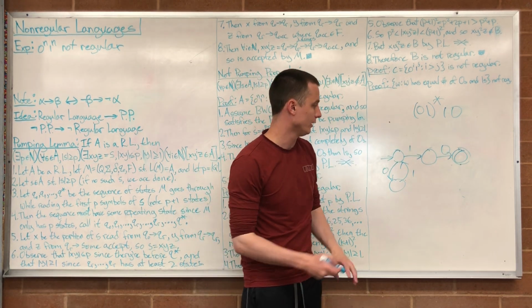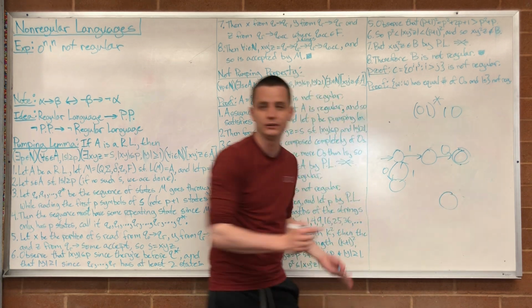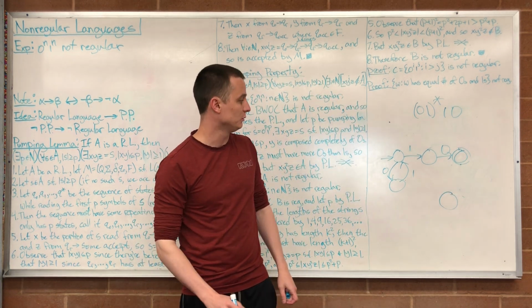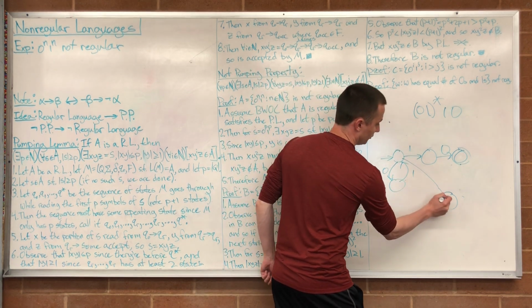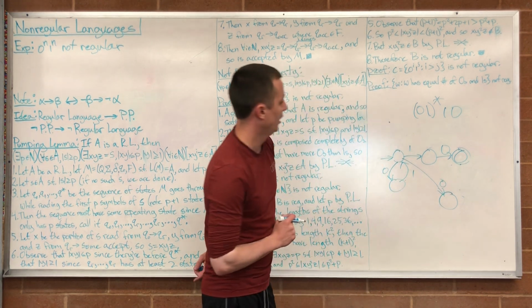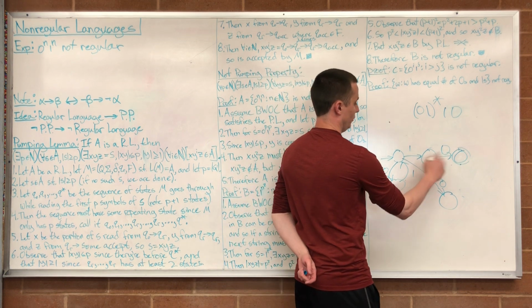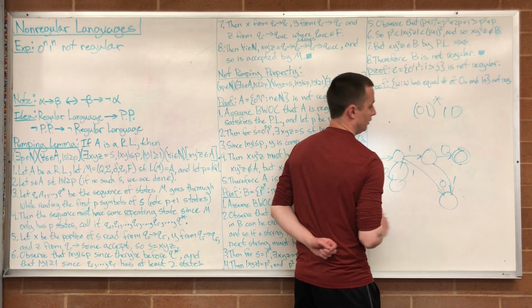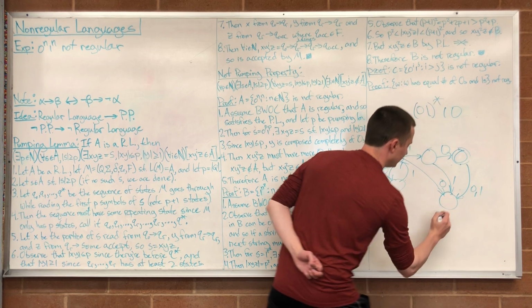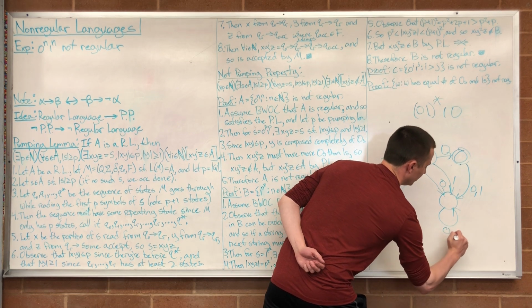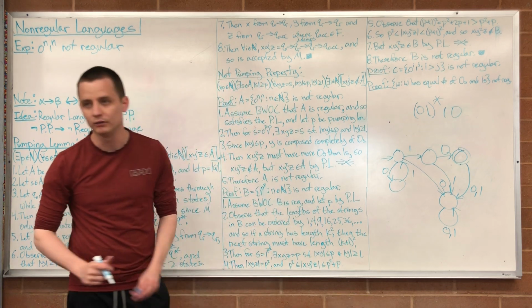And then any arrows I don't have there, I could just have them go to some dead state that we never escape, to get all my missing arrows. So this one on a 0 just comes to this dead state. This one on a 1 comes to the dead state. This one on a 0 or a 1 comes to the dead state, and this loops to itself on 0, 1, if we wanted to write everything out.